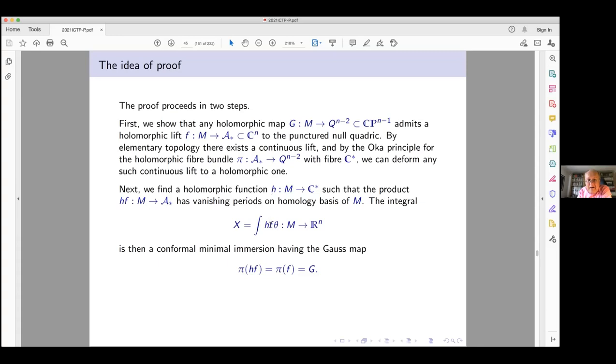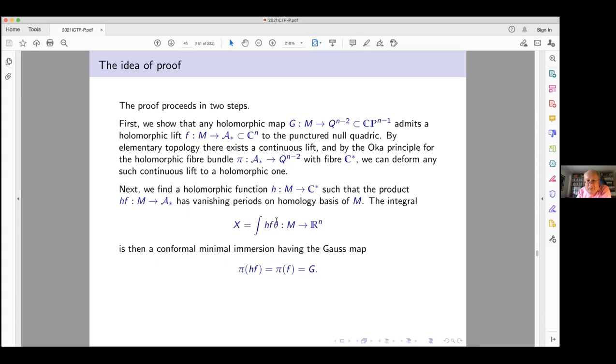So I get this F, but the problem with this F is that periods won't be zero. Of course, if M is the disk, there is no problem because there are no periods. You just integrate it. But if M is multiply connected, then you have to fix periods to be zero. And this you do by a multiplier. So you simply construct a holomorphic function with no zeros such that this will now integrate.